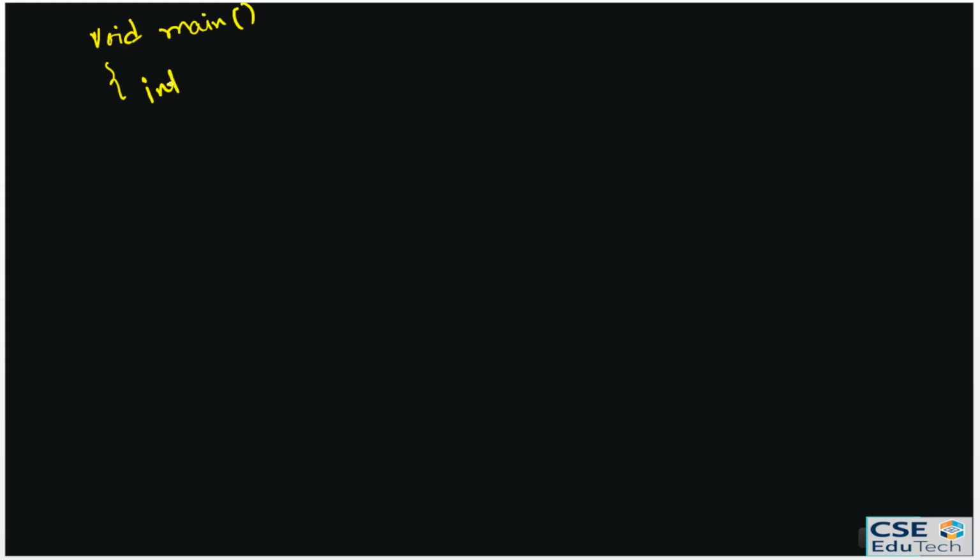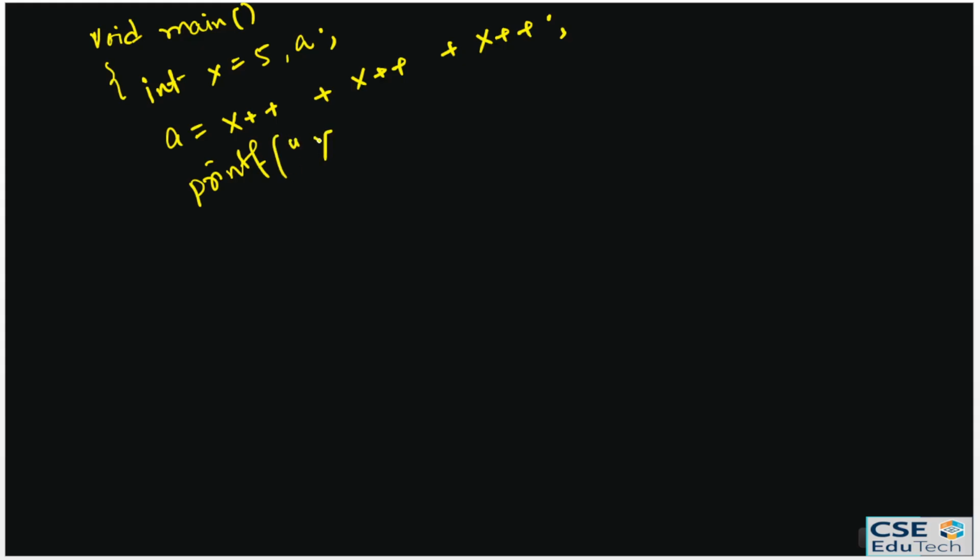Int x is equal to 5 and there is an a. Now the expression is x plus plus, then plus, x plus plus, then plus, x plus plus. Now if we print, printf percentage d a, then what will be the output of this code?